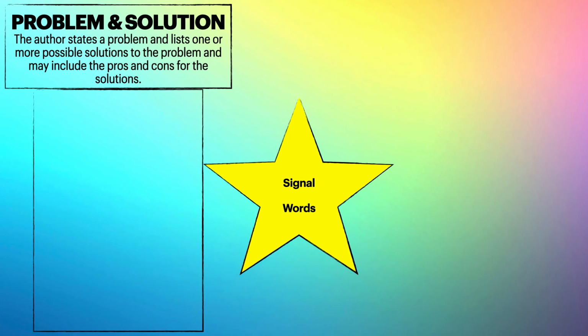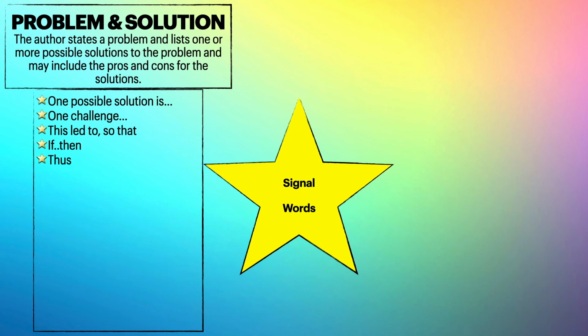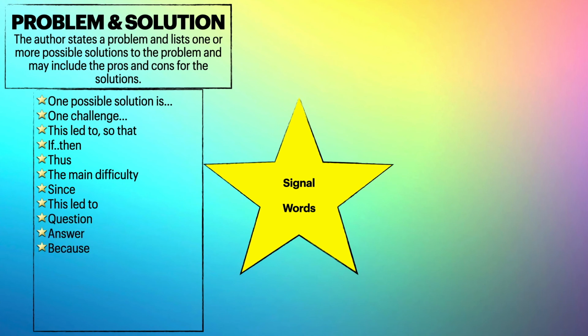These signal words are, one possible solution is, one challenge, this led to, so that, if, then, thus, the main difficulty, since, question, answer, because, problem is, dilemma is, puzzle is, solved, and therefore.